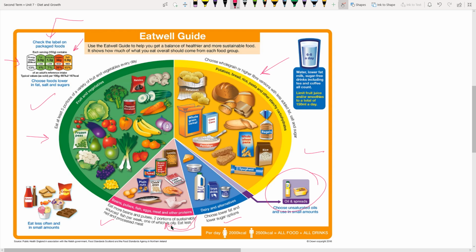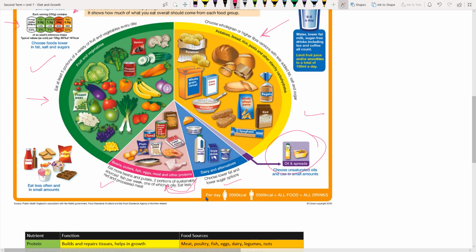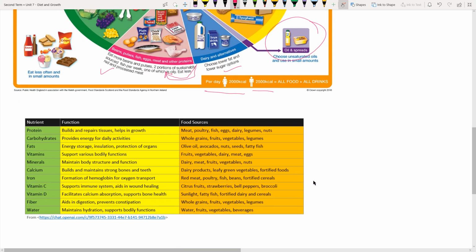For growth. In general, per day, an adult female requires about 2000 kilocalories of energy, and for men, it is about 2500 kilocalories. Again, I've copied the same table from the previous topic, just for reinforcement.